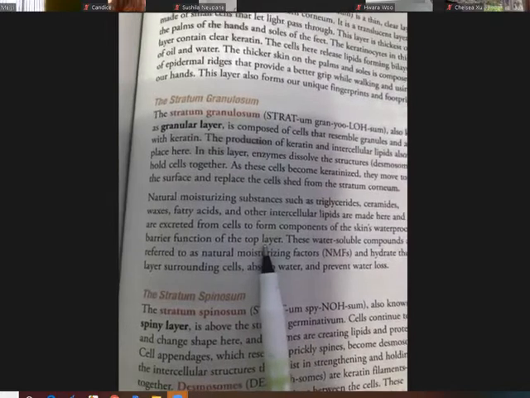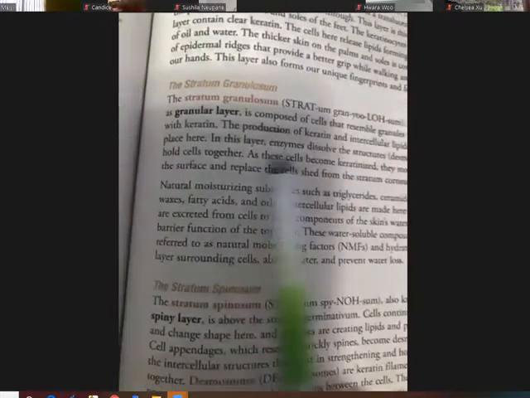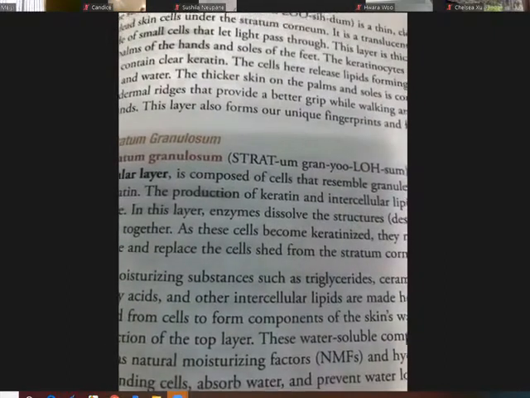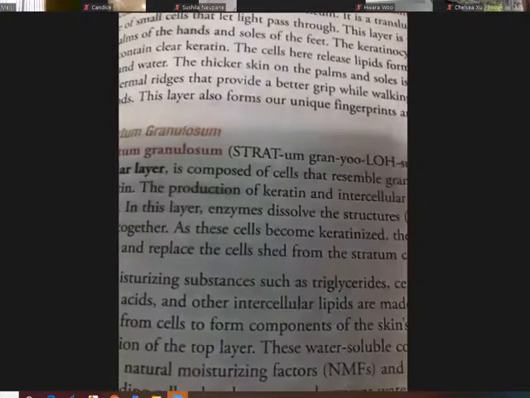Okay, so all of these are made on the third layer. These are called intercellular lipids. So these are all called intercellular lipids, which are produced by the cells from the third layer.